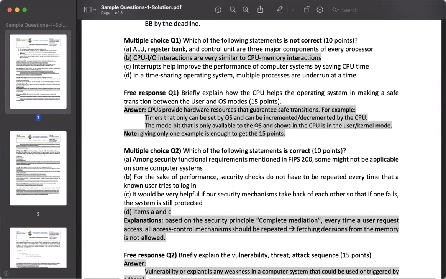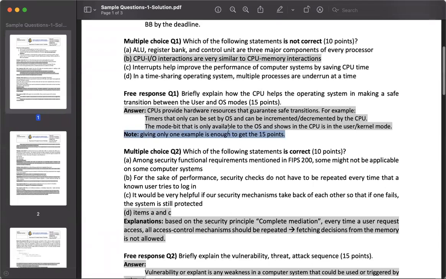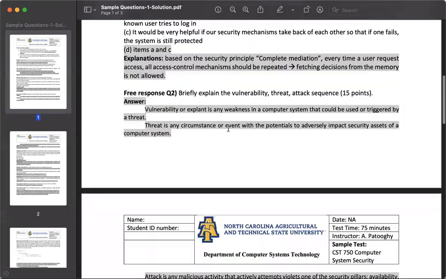I'll provide you a space to write your answers there. It doesn't need to be long. It just needs to point to the exact thing asked. Here, for example, for this question, this was a part of the note that giving only 1 point is enough.